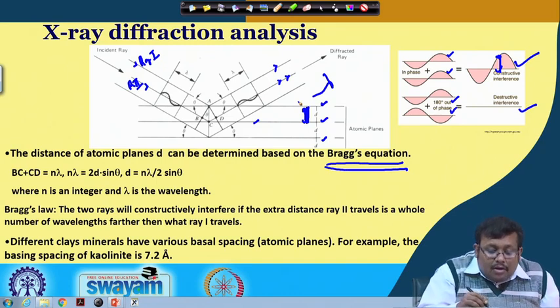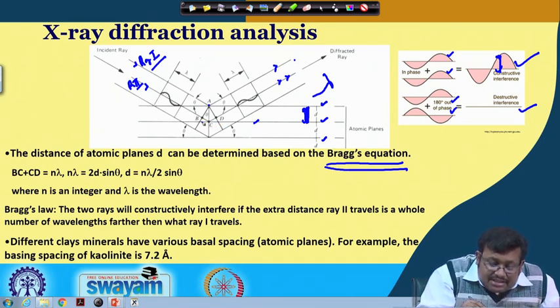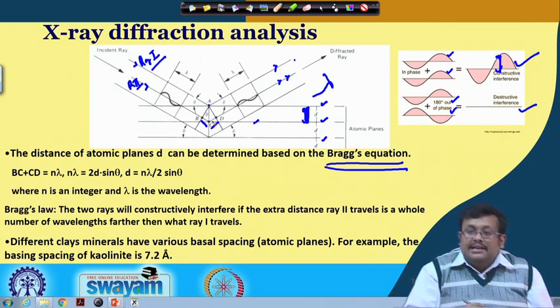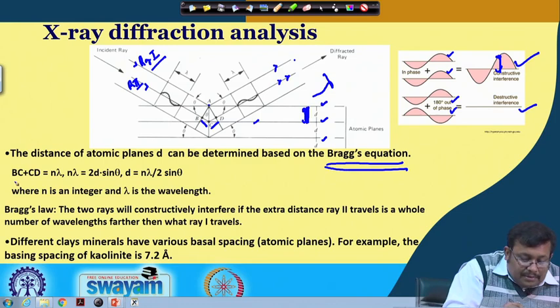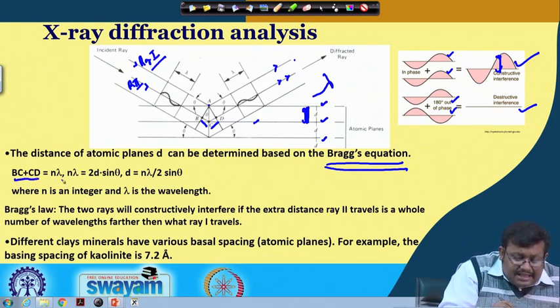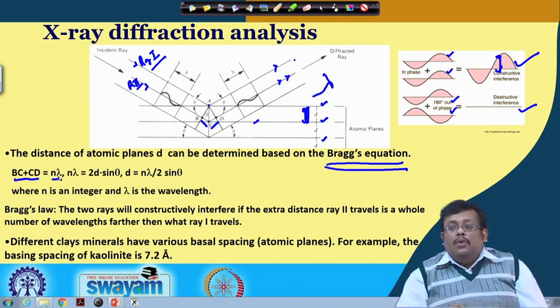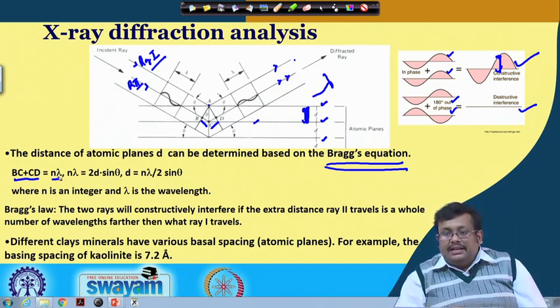Ray 1 travels from A to here, and the extra distance ray 2 travels is BC plus CD. So, BC plus CD has to be an integer multiple of the wavelength of the incident ray.